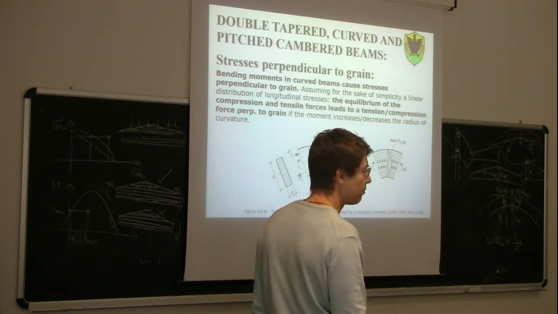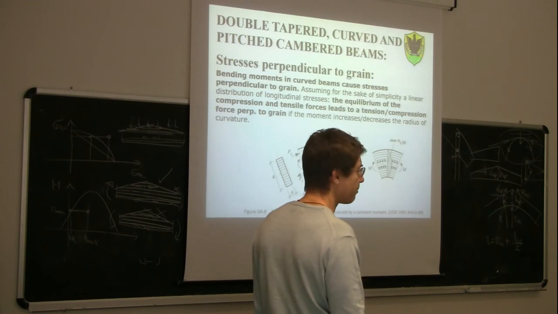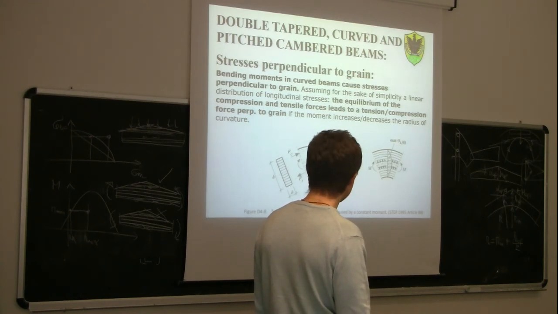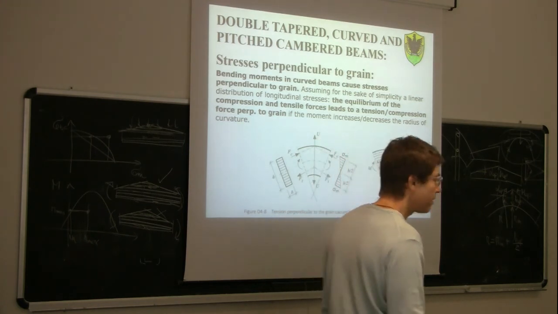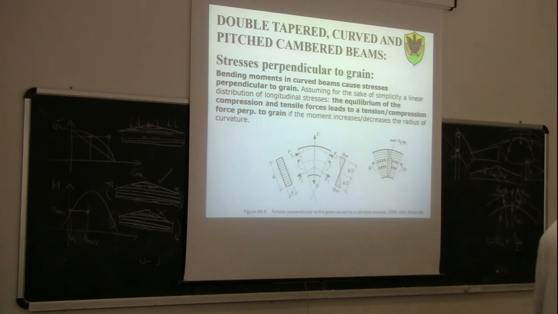For the sake of simplicity, assume that you have a linear distribution of stresses, even though we learned before that the distribution of stress won't be linear, it will be non-linear. But it's not going to change the problem significantly. Just suppose that we have a linear distribution of stresses.